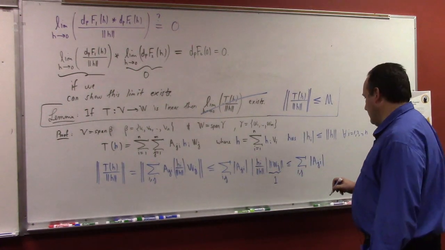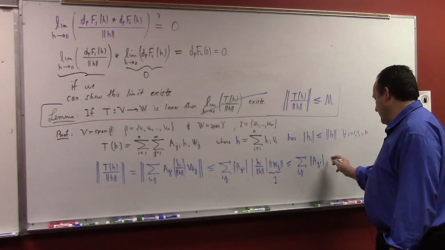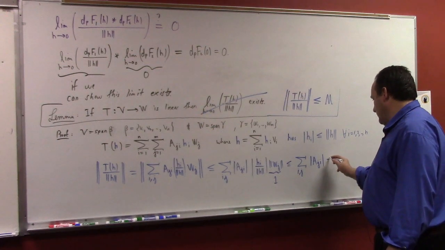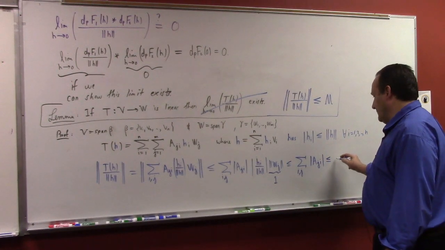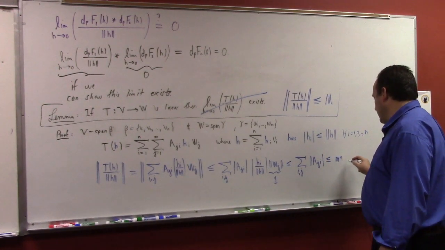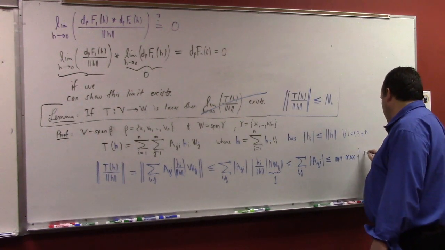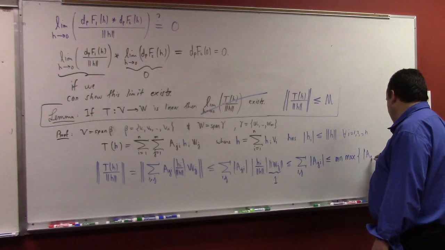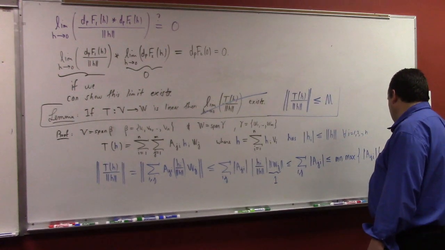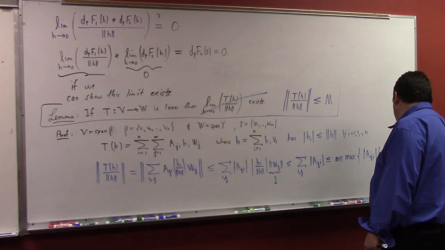And we can just let this be, so that's less than or equal to m times n times the maximum of these guys. And that can be our big M.